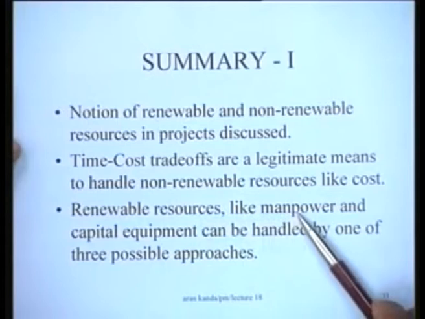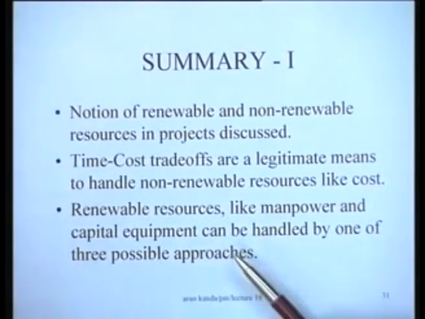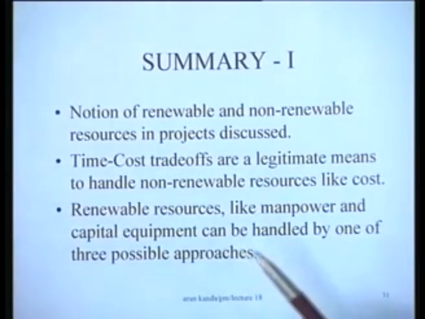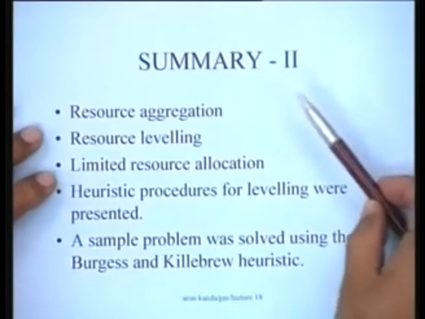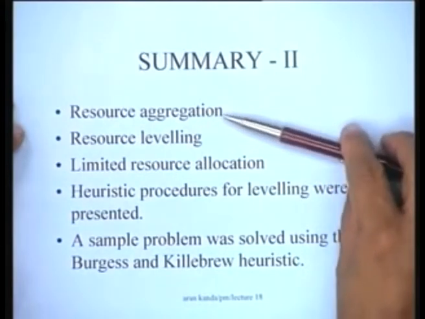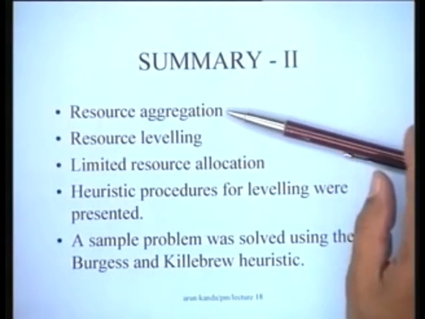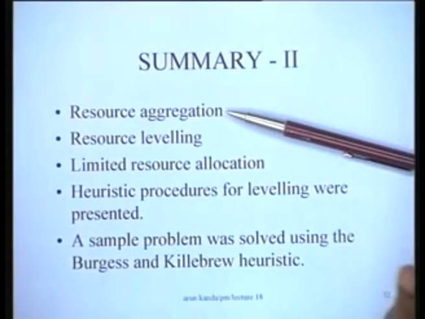Renewable resources like manpower and capital equipment can be handled by one of 3 possible approaches, which we have seen. These 3 approaches are resource aggregation, which is merely taking a snapshot and trying to find out what the requirements of manpower are for a given schedule.